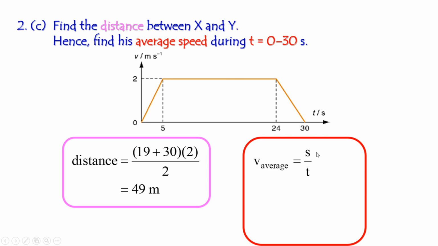The total distance traveled is the answer in the previous part, which is equal to 49, and the total time taken is 30 seconds. So the answer is 1.63. And the unit for speed is meter per second.